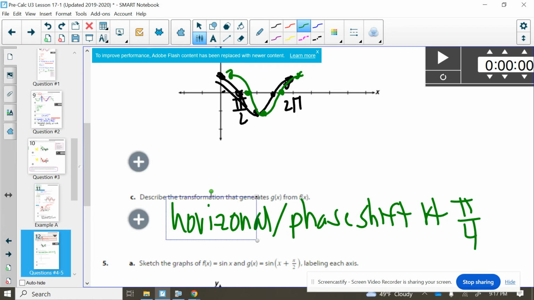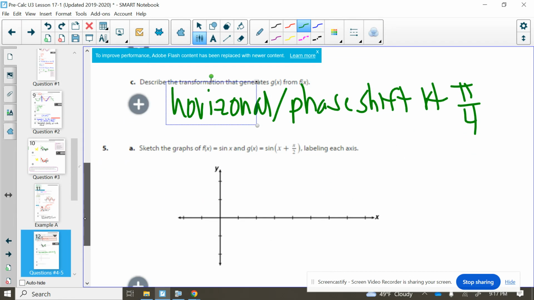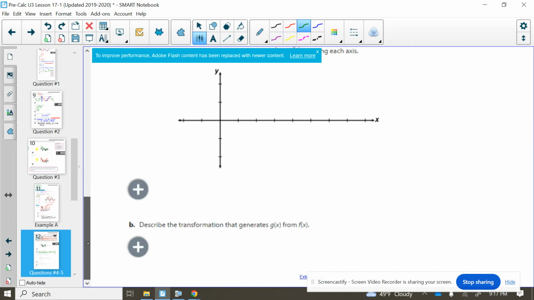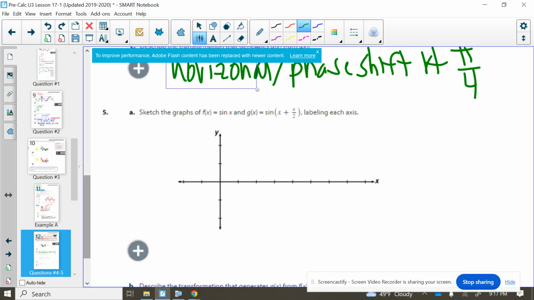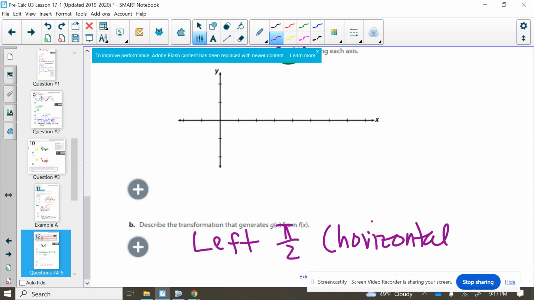Now, our next piece then for number 5 is noticing again something inside that parentheses. This time we have plus pi over 2. So this is going to shift our graph to the left pi over 2. So again, we call this either our horizontal, or with periodics, they like to call this a phase shift, which is the same thing as a horizontal shift.